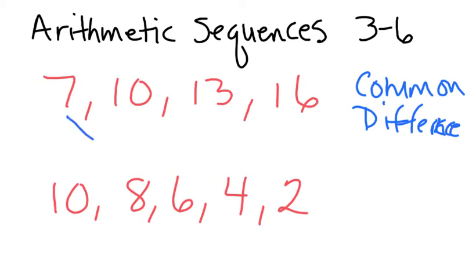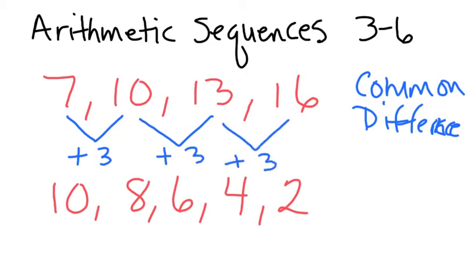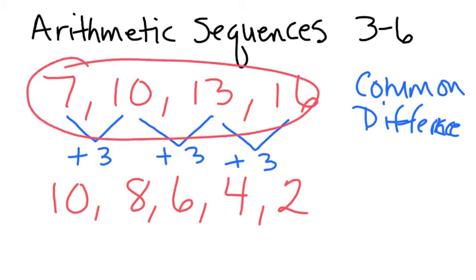So what's happening to go from 7 to 10? Well, plus 3. What's happening to go from 10 to 13? Plus 3. What's happening to go from 13 to 16? Plus 3. So, if you were given this sequence and you were asked what's the common difference, you would say plus 3. That's the common difference of that sequence.